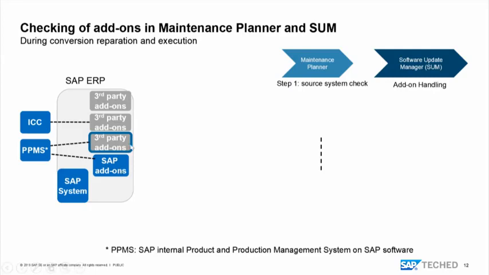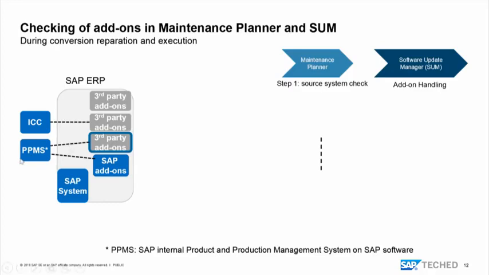Next level are third-party add-ons that are part of the SAP price list. There are examples like Vistex, OpenText, others. So there's a strong relationship between those partners and SAP. We have this add-on on the price list, so customers may get the add-on from the partner or from SAP, and the partners deliver information about their releases and their support for target releases.